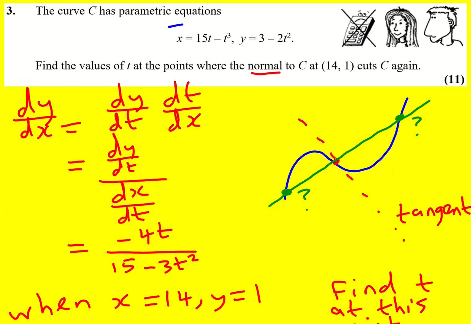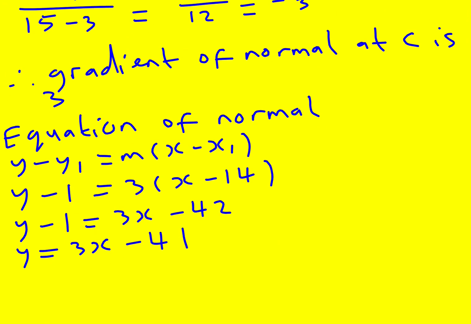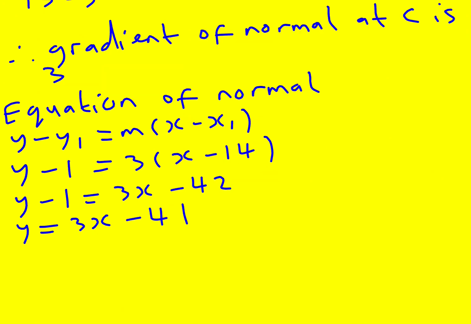and we have the equation of my curve. And I'm interested in when they are the same. So what we can do is the same kind of thing as when we solve simultaneous quadratic equations. We can substitute in for x and y. Because I know y equals 3x minus 41, I can substitute the y of my curve into here, and my x into here.